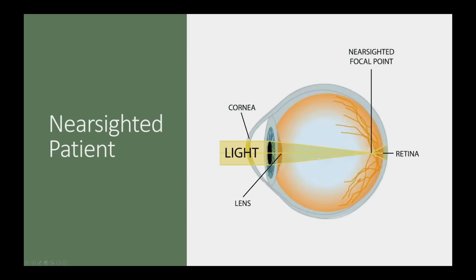The nearsighted patient will have light that focuses in front of the retina. The focusing elements in the front of the eye, the cornea and the lens, are just, if you will, too strong, and they focus too soon, too in front of the retina. And as a result, the retina gets a blurred image, it gets defocused light.